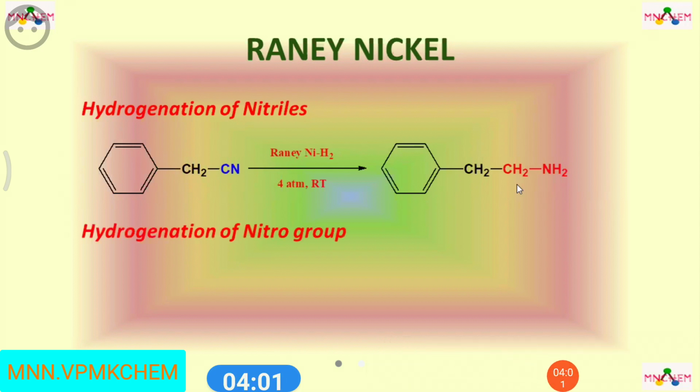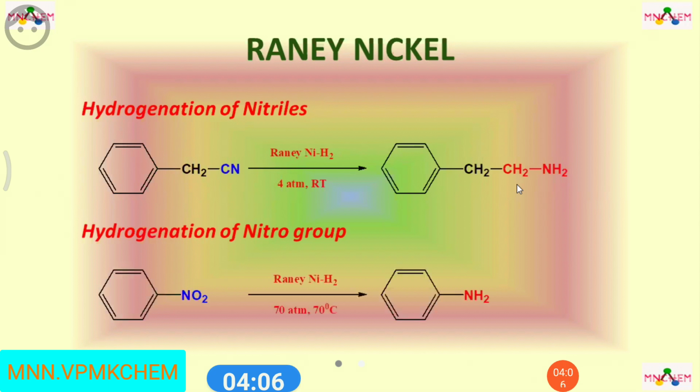Next is hydrogenation of the nitro group. The nitro group readily gets hydrogenated to the amine group. So, nitrobenzene is reduced by Raney nickel. The requirements for the reaction are pressure at 70 atmospheres and temperature around 70 degrees Celsius, which gives aniline as the product.